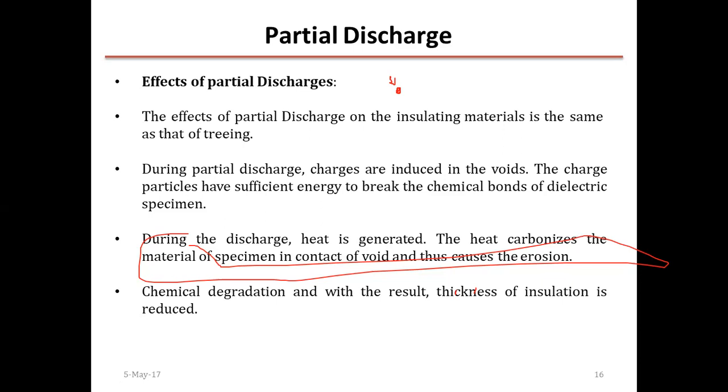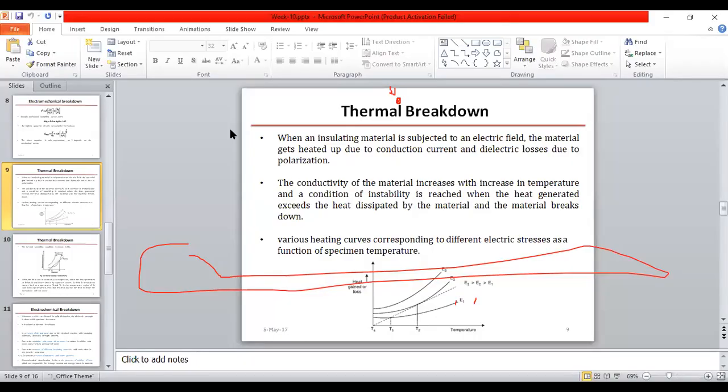Erosion means that slowly and gradually the material will be eaten away and the thickness will be reduced because of this chemical degradation. Ultimately a breakdown will occur, because if the material is no more available, it means the dielectric strength of that material will be lowered, leading to complete breakdown.